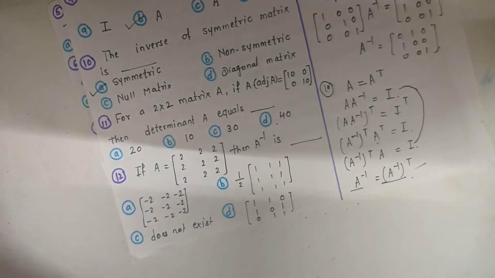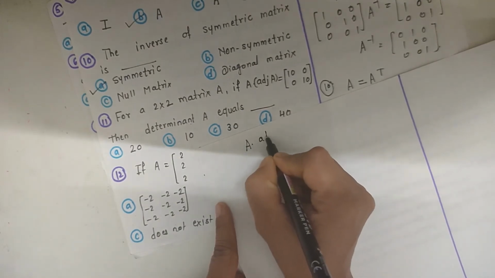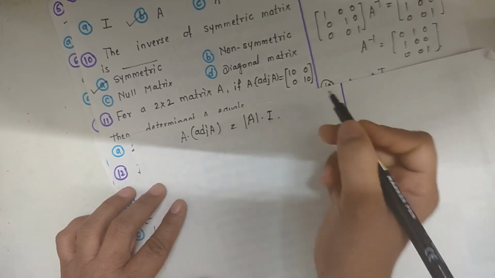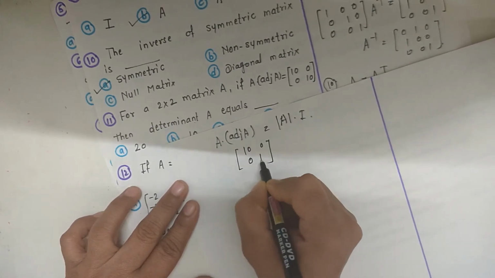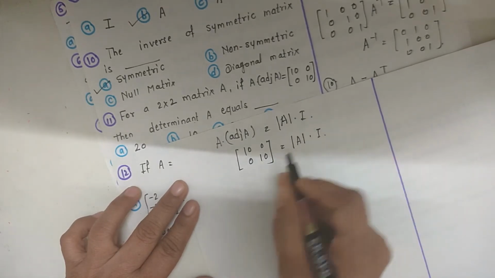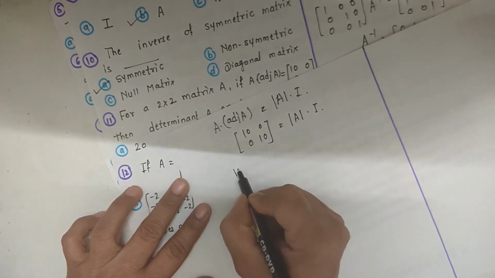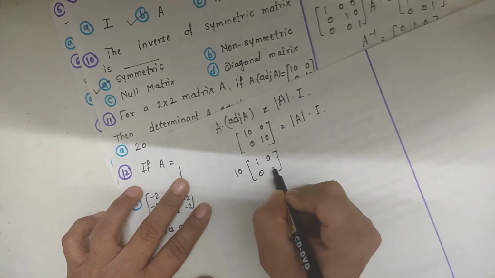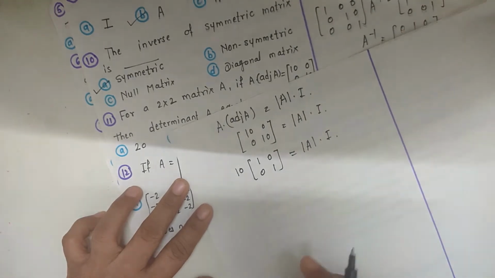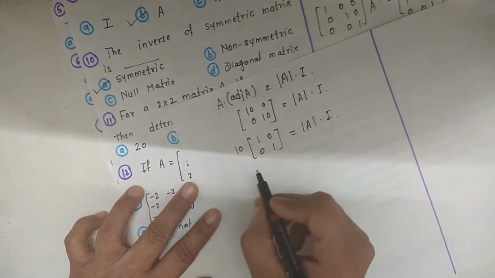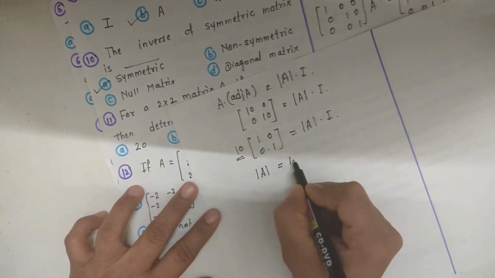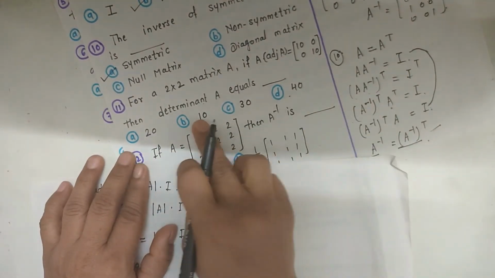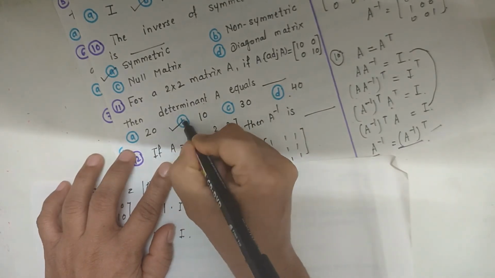We know the formula A into adjoint A is equal to determinant A into I. And the value of A into adjoint of A is given with elements 10 0 and 0 10, which is equal to determinant A into I. Take 10 common from this matrix, then we get 10 into 1 0, 0 1 is equal to determinant A into identity matrix I. So by comparing this equation, this is the identity matrix I and the value 10 is the value of determinant A. So in this question, determinant A equals 10. So option B is correct.